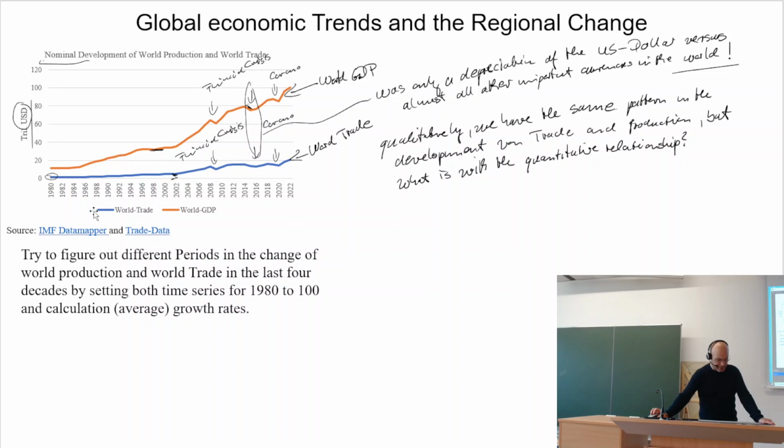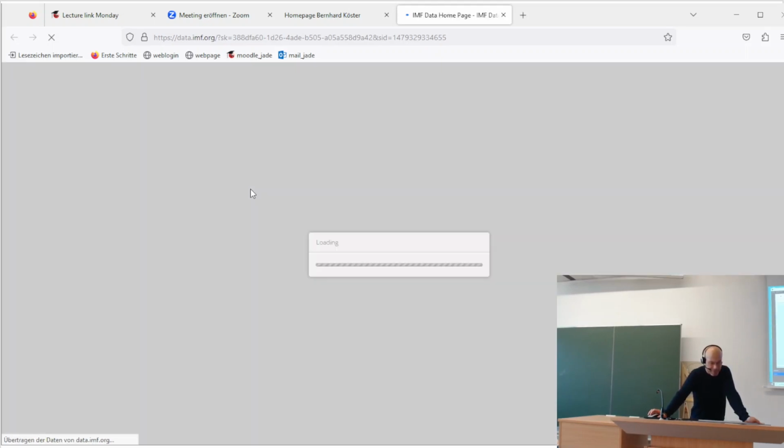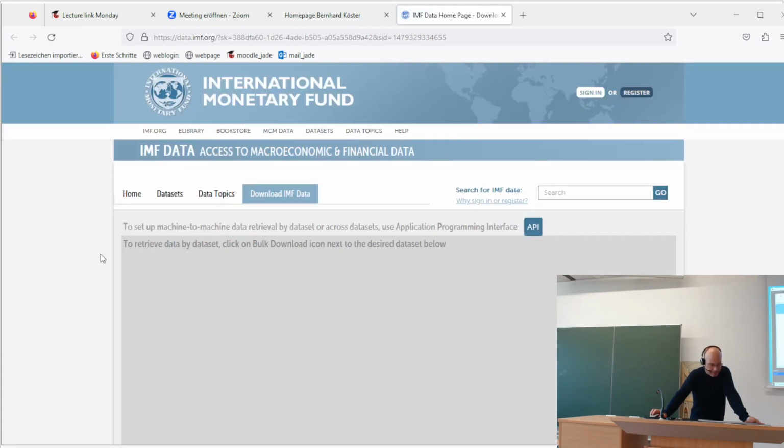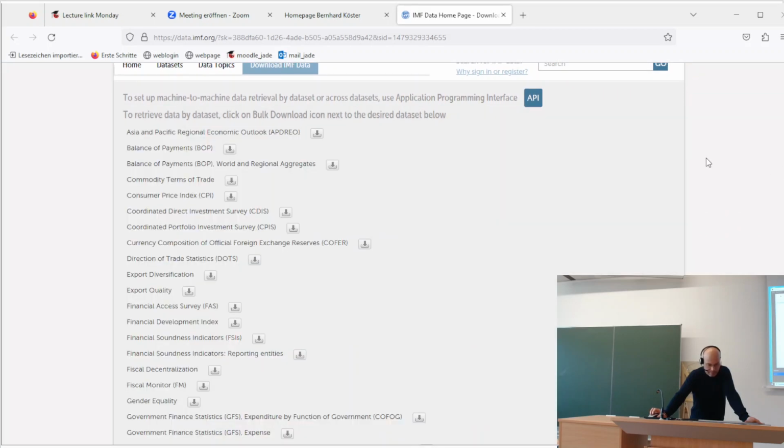And yeah, if you want to redo it, the IMF data mapper, I also already introduced for you. And what I now found is a very good site also at IMF. And maybe you can use this also for your term paper. You can click on this and there you find especially trade data. Hopefully this works.